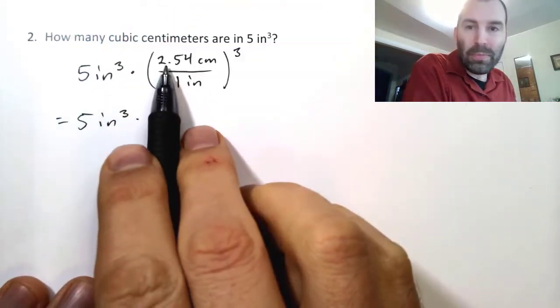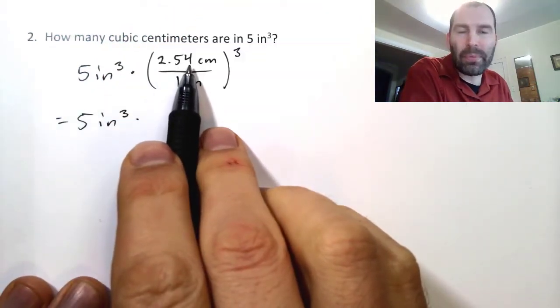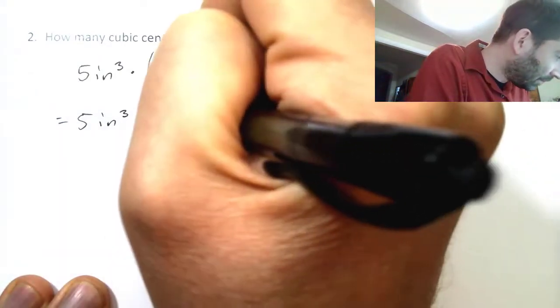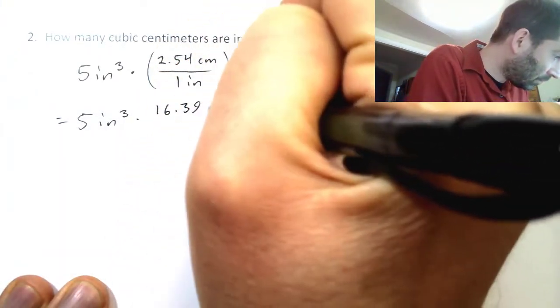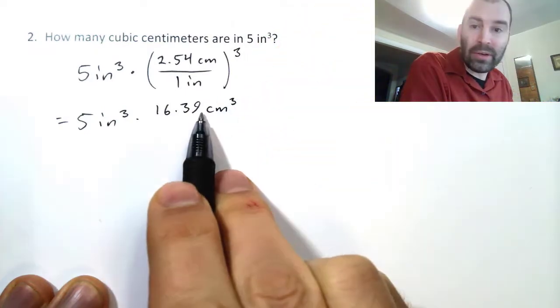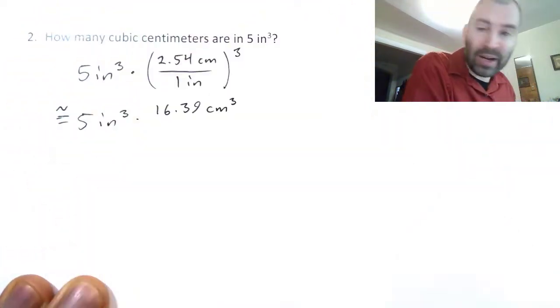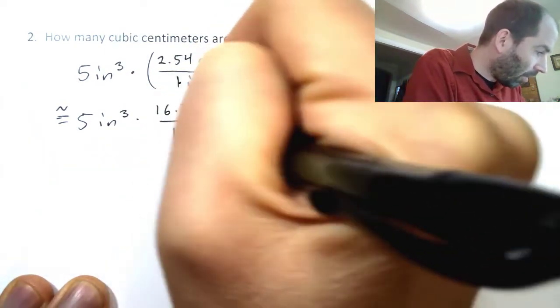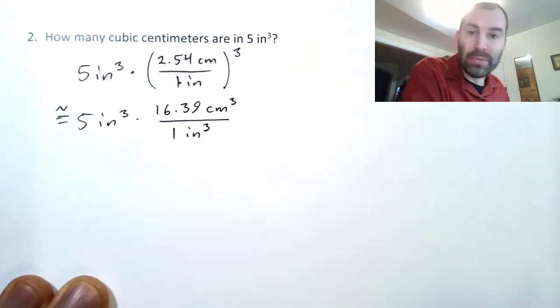When you cube 2.54, you get approximately 16.39. I did round here, so this is no longer equal, it's approximately equals. When you cube 1, you just get 1, and then I have cubic inches. Okay, well now I'm good to go.